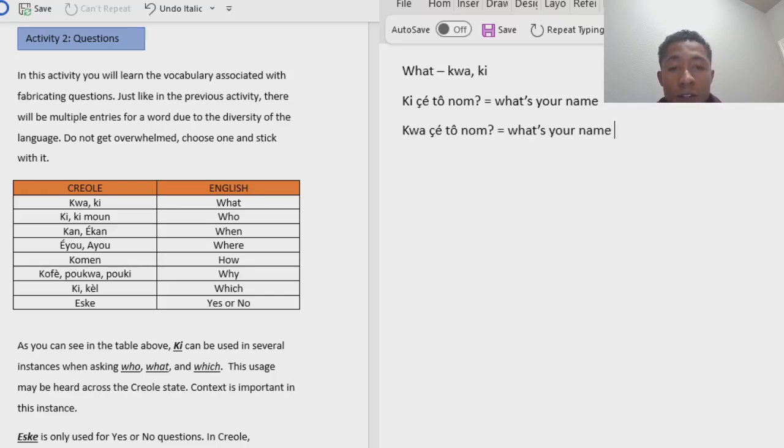Now, another word that we can use for what is actually ça. Now, ça, as you will see later on, is also a versatile word. Extremely versatile. I actually think li, ça, and qui do the heavy work in the Creole language.